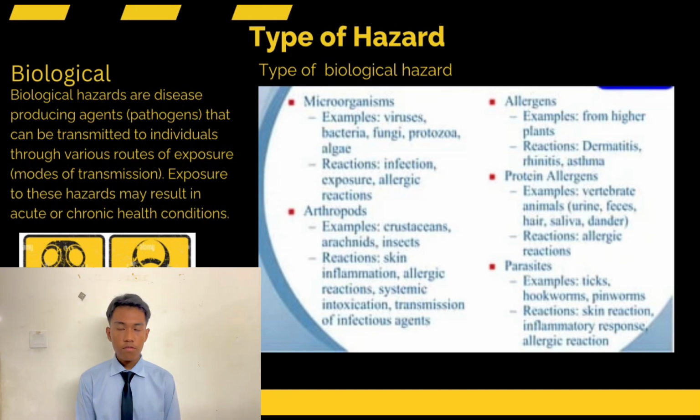For example, from higher plants. The reactions from this biological hazard are dermatitis, rhinitis and asthma. Number 4 is protein allergen. For example, from vertebrate animals such as urine, feces, hair, saliva and dander.